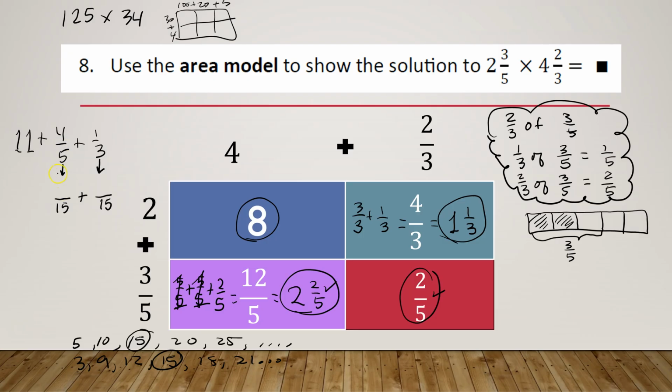If we need to go up to 15, the concept really is multiplying by 1 to get a common denominator, because when you multiply by 1, you are not changing the value of the fraction, just the way it looks. So to get from 5 to 15, I am multiplying by 3.